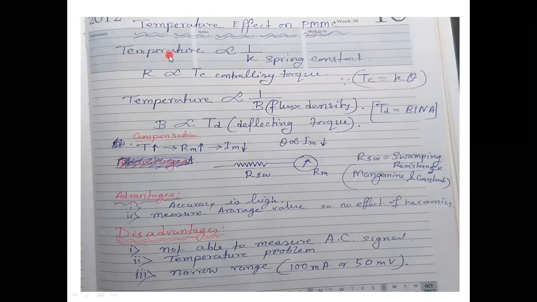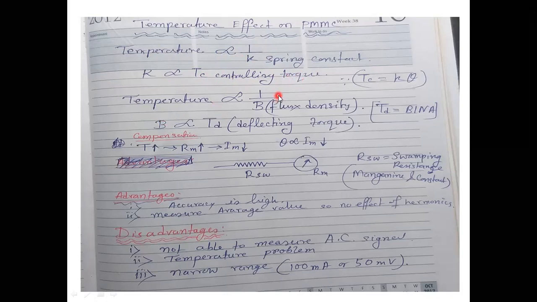If temperature changes, the spring constant is inversely proportional to it. So whenever K is inversely proportional, the controlling torque is also inversely proportional to the temperature. So it will hamper the controlling torque.